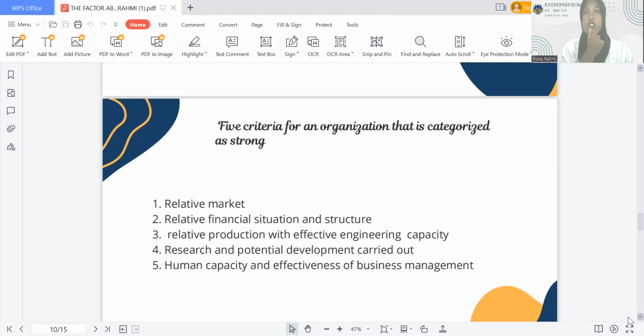The next is relative production with effective engineering capacity. The next is research and potential development carried out. The next is human capacity and activeness of business management.